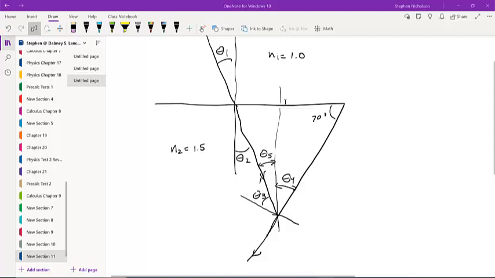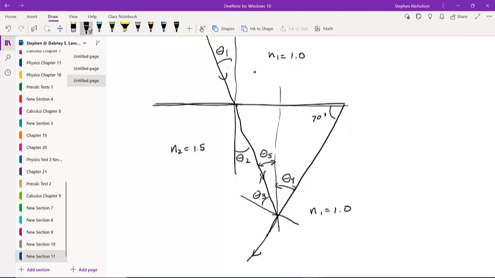So what I have is a light ray that's coming in to a flat surface. So here's the surface. And because this is an index of refraction of 1 and this is an index of refraction of 2, the light ray bends towards the normal. So theta 2 is going to be less than theta 1. Then it goes through this transparent material till it reaches the interface, which would go back out to air.